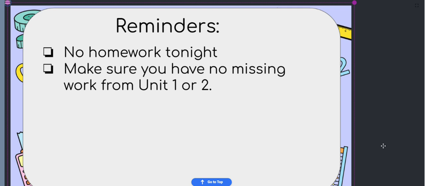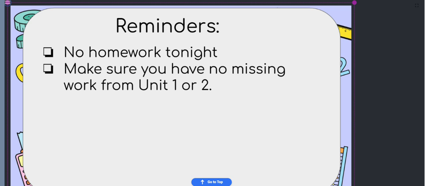Look at what assignments you have zeros on, because I can tell you there is a lot in this class. So make sure we are staying on top of our homework. And if you're missing stuff from Unit 1, you need to go back to Unit 1 and make up those grades. Because everyone, we only have a few weeks left in the quarter, so you only have a few weeks left to get your grades where you would like them to be.